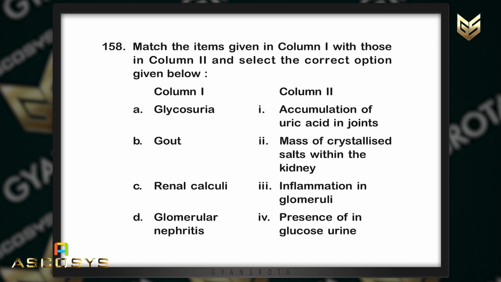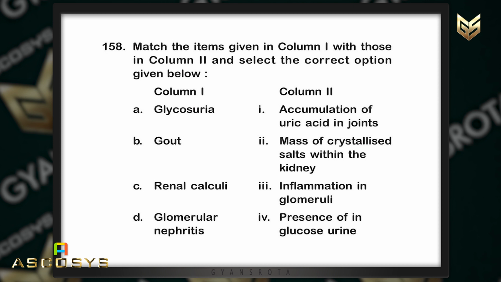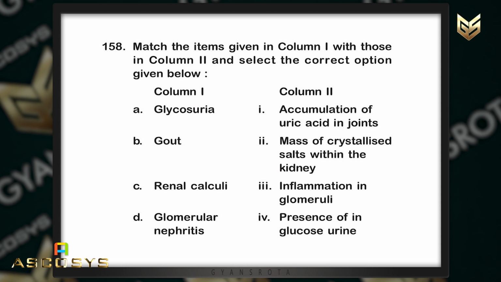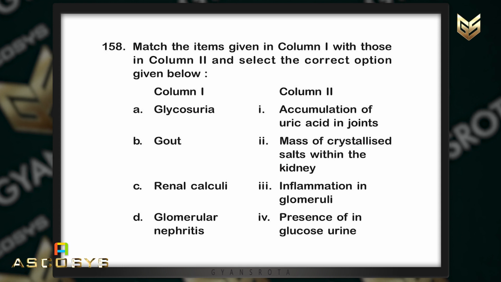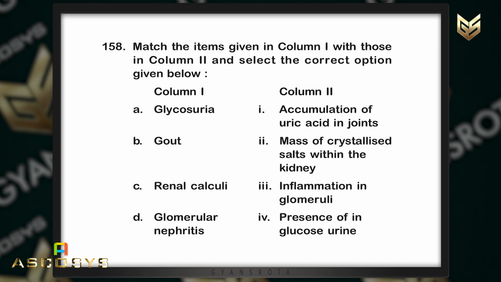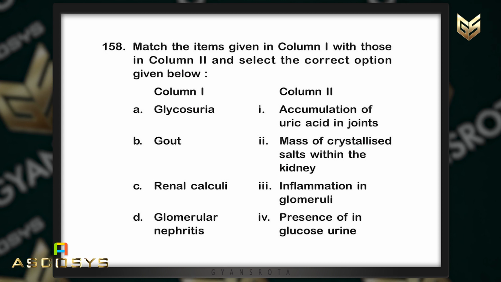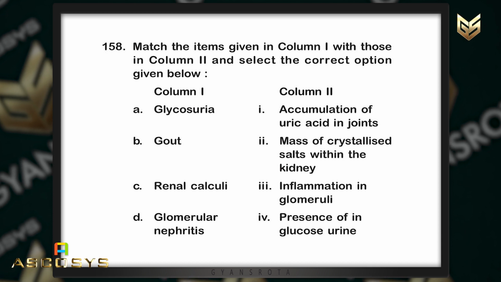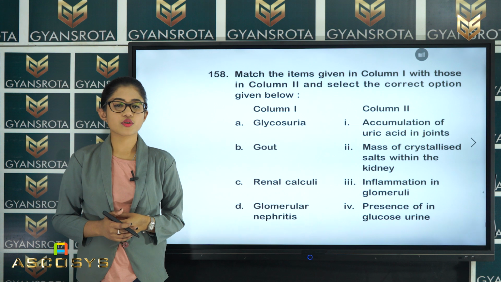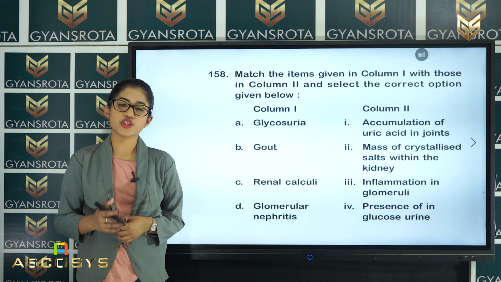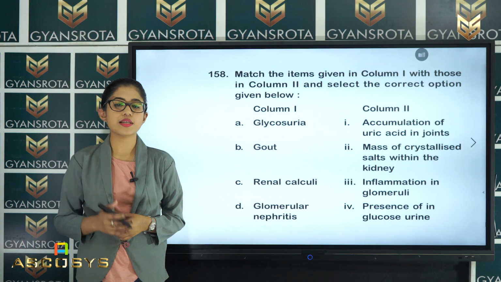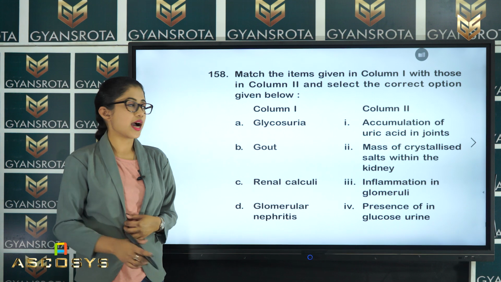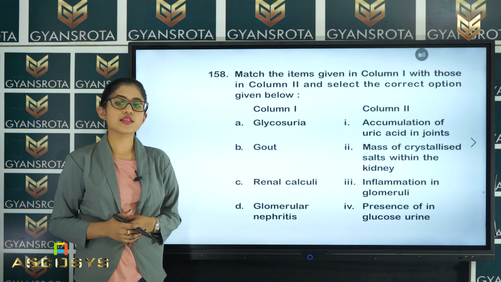In column 1 we have glycosuria, gout, renal calculi, glomerular nephritis, and in column 2 all the definitions of these diseases are given: accumulation of uric acid in joints, mass of crystallized salts within the kidney, inflammation in the glomeruli, presence of glucose in urine. So this is directly from the chapter Excretory Products and Their Elimination. So you have to match column 1 with column 2, and in column 1 all these disorders are given.